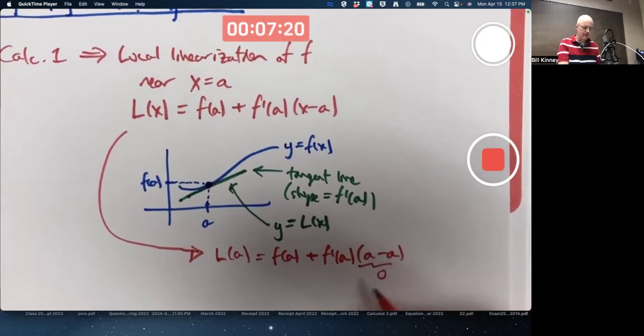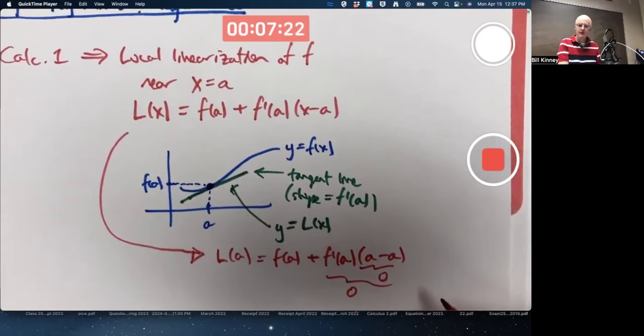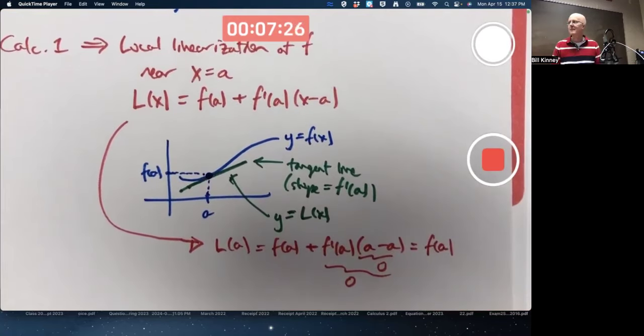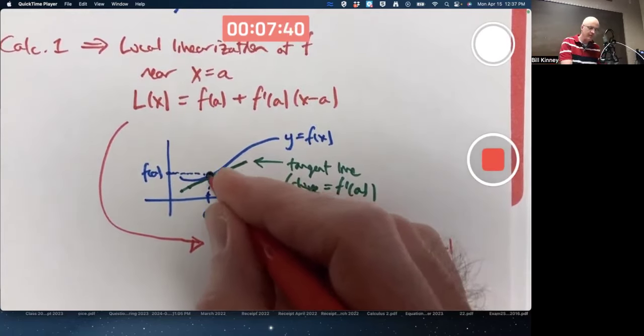That's a 0. This whole thing is 0. This simplifies to f of a. Think of a as a fixed number and x as the variable. At this fixed number a, the value of L at that point is the same as the value of f. They go through the same point right there.